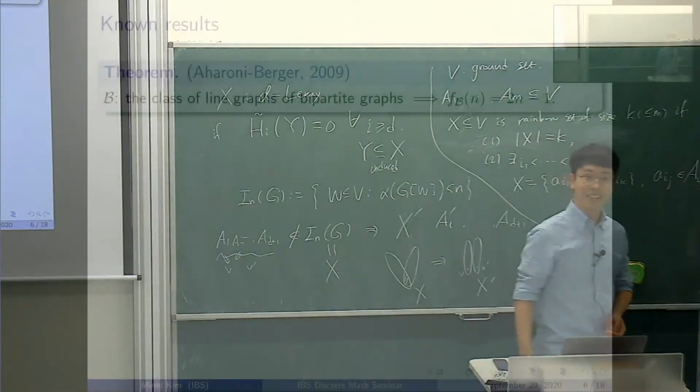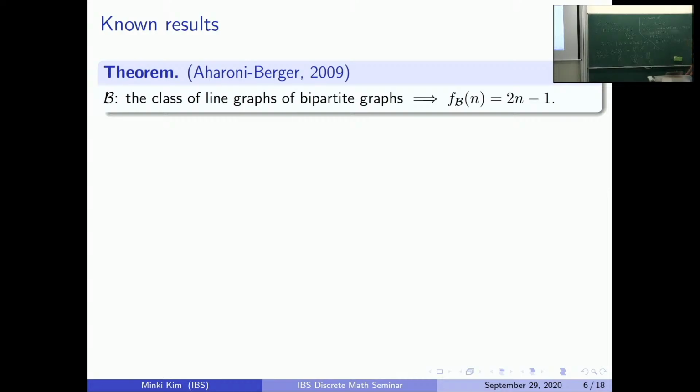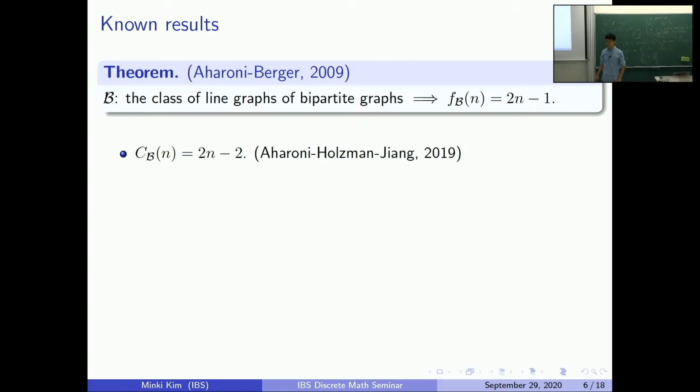Here are some known results. This is the most classical result in this direction. If we are considering line graphs of bipartite graphs, then Fn equals 2n minus 1. Later, Aharoni, Holzman, and Jiang also proved the collapsibility version of this theorem, showing that Cn equals 2n minus 2.